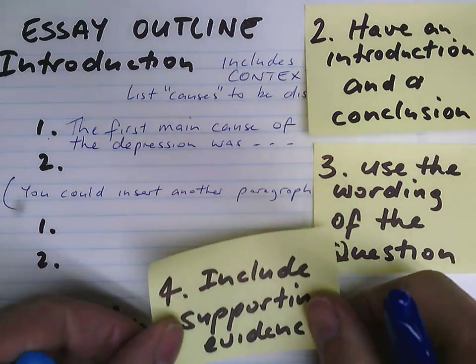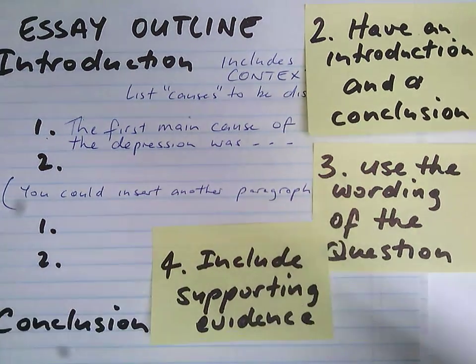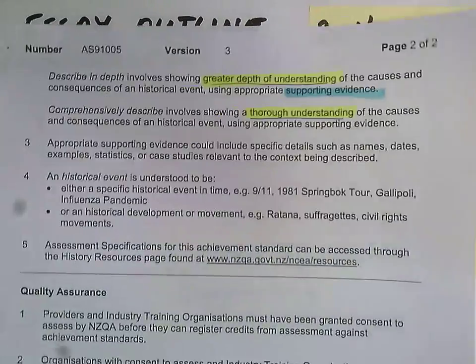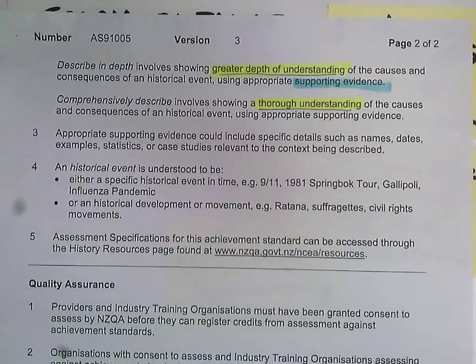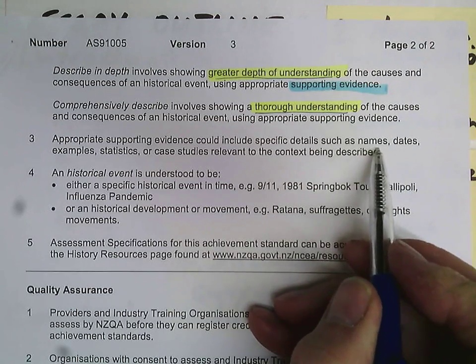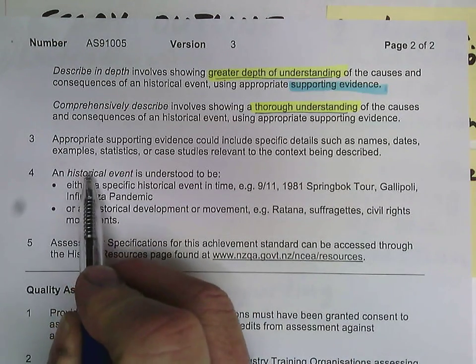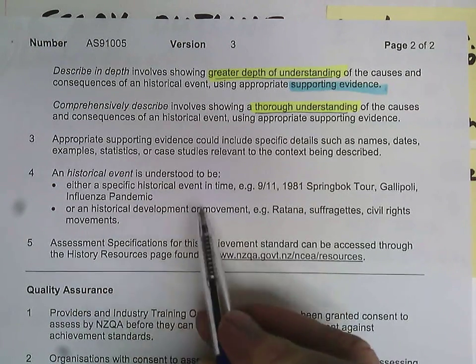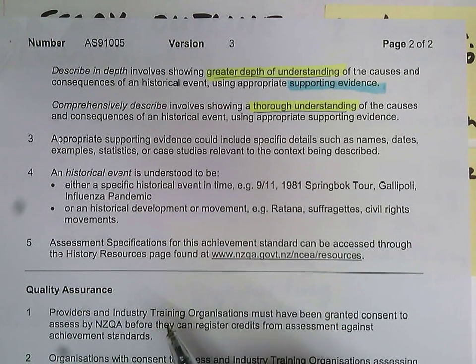Constantly, as you work through this, include supporting evidence. Just a reminder, supporting evidence could include names, dates, things people said when they said them, examples of things, statistics or case studies. They could be quotes from newspaper articles and so on.